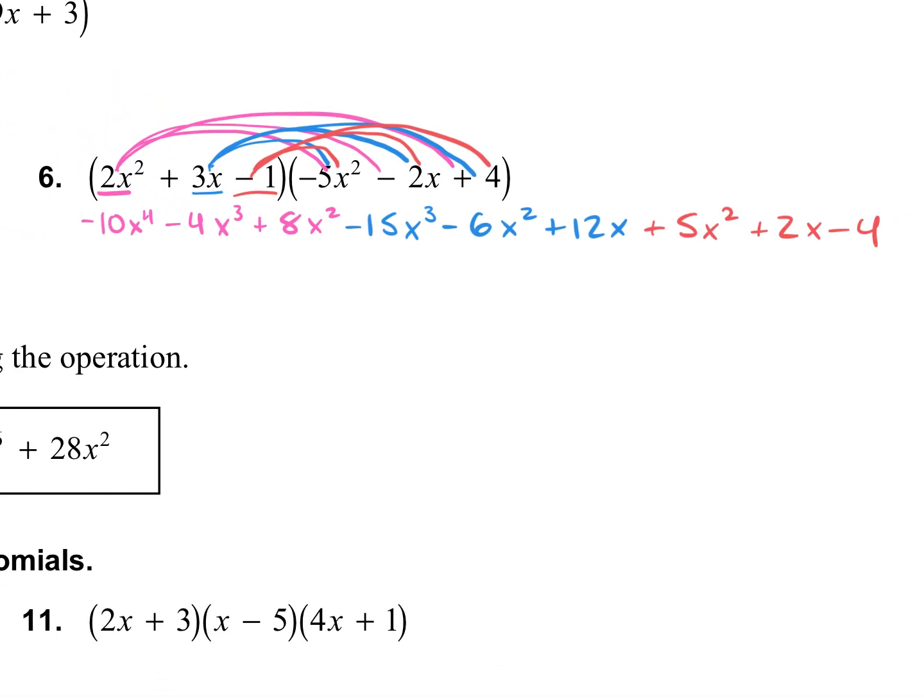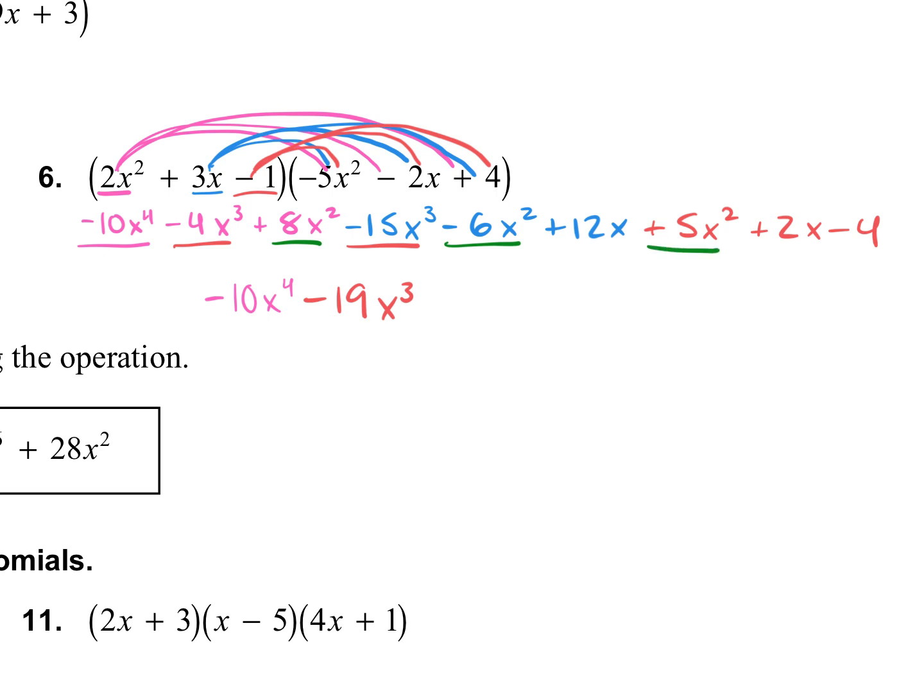Now let's combine our like terms. Starting with the highest degree, we have negative 10x to the 4th power. Next, let's move on to our cubes. Negative 4x cubed minus 15x cubed would be what? Negative 19x to the 3rd power. With our x squareds, we have 3 of them. 8x squared minus 6x squared plus 5x squared.